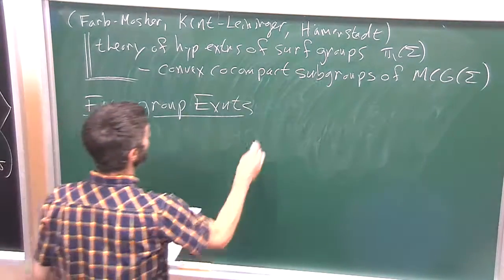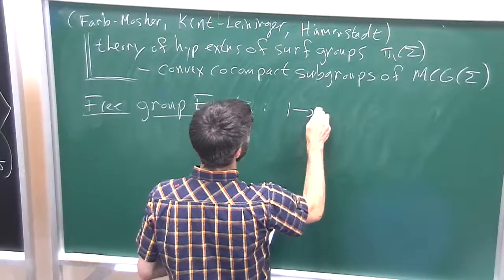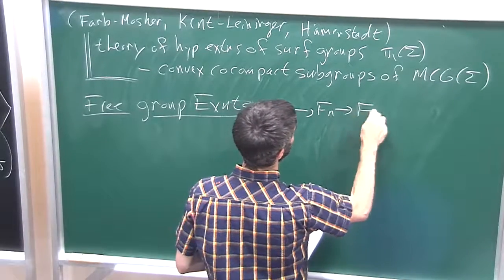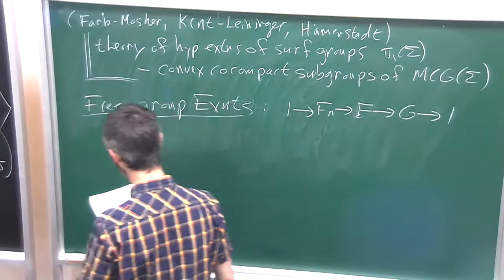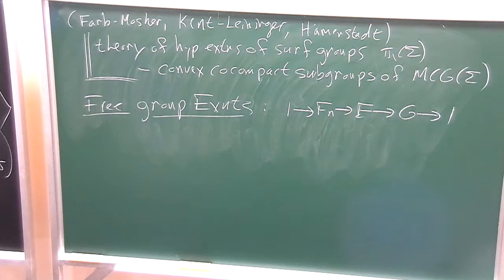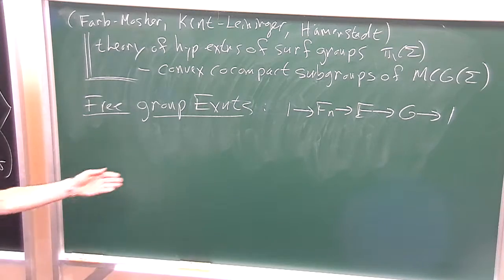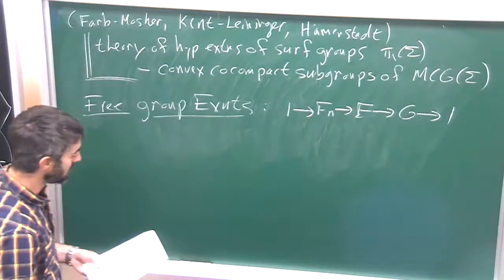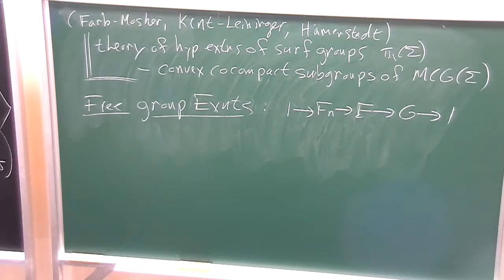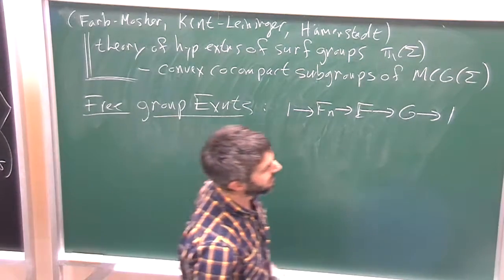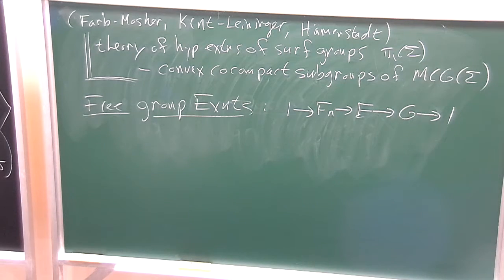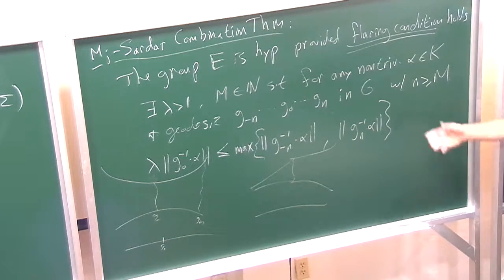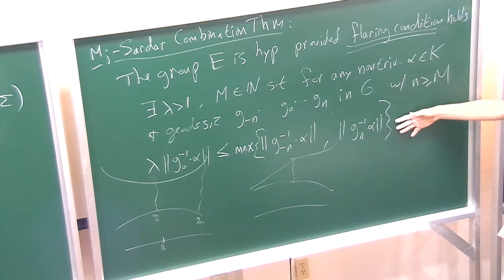Okay, so free group extensions. Let's just look at this case: some extension of the free group. The goal is to try to understand these things. In particular, what we know from the theorem over here is that if we want to understand when these are hyperbolic, we have to know when the flaring condition is satisfied. And what I want to do is use the geometry of outer space to study this flaring condition.